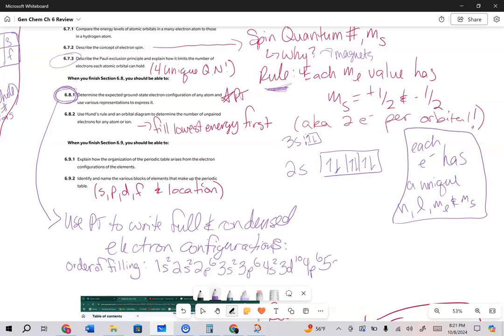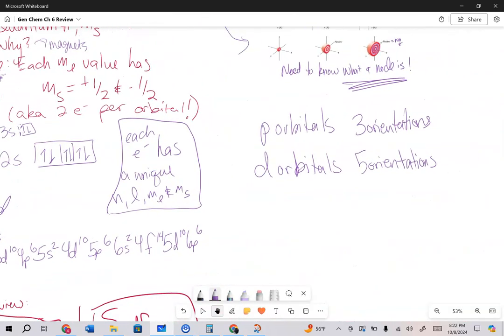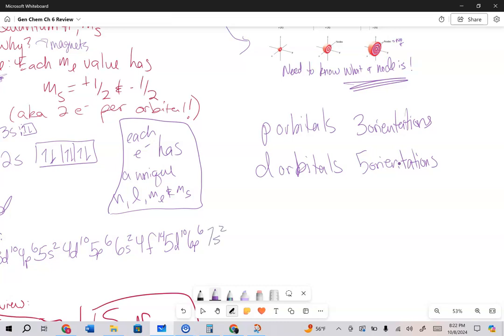4p6, 5s2, 4d10, 5p6, 6s2, 4f14, 5d10, 6p6, 7s2, 5f14, 6d10, 7p6.